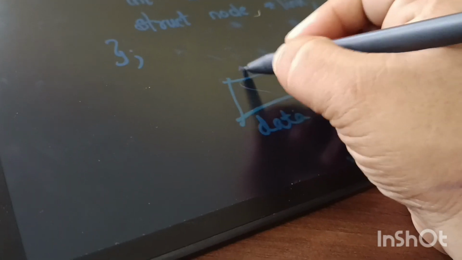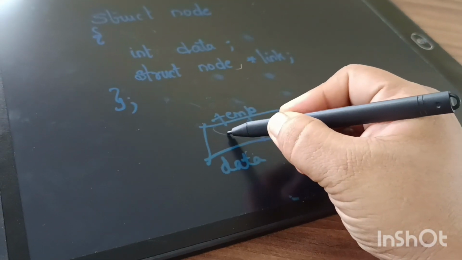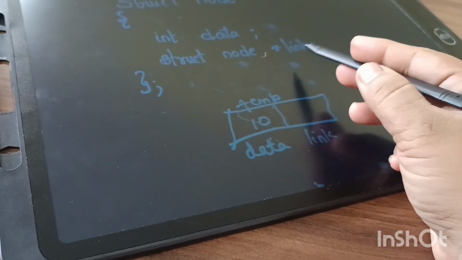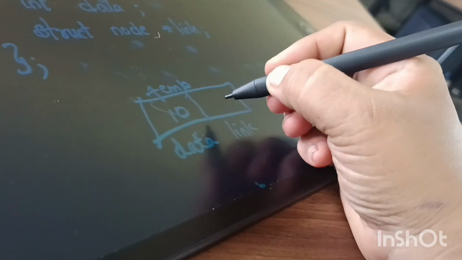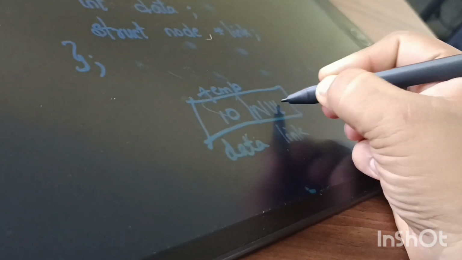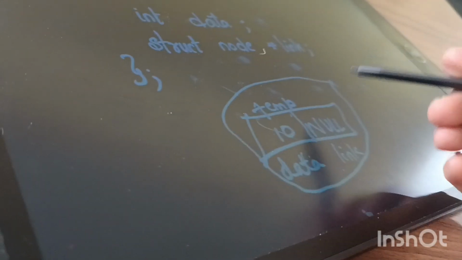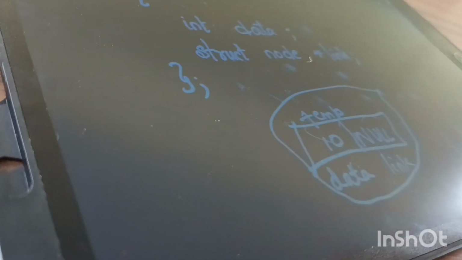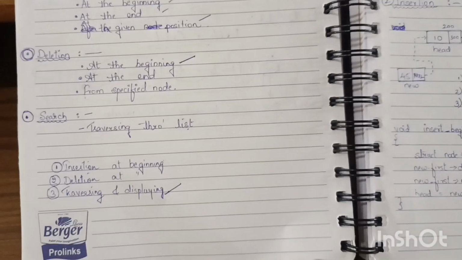In the link part we store a null. This is how we create a new node. Then we attach it to the linked list we have created. How we do the insertion, we will see next. There are different operations.